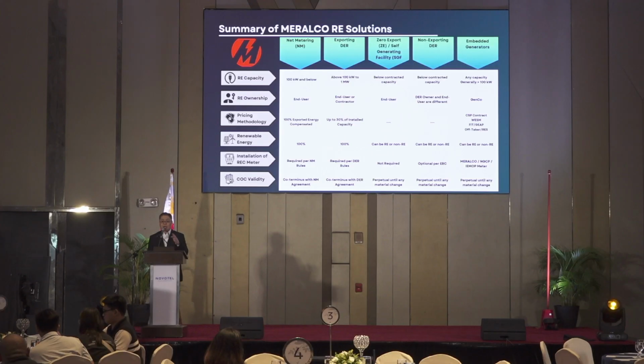And then for pricing, actually, there are 4 ways where you could sell your power. One is the competitive selection process contract, or what we call PSA, or power supply agreement. The next is you can sell your power directly to WESM. And then the third one is you could apply for a FIT rate, or what is currently being implemented is the Green Energy Auction Program.